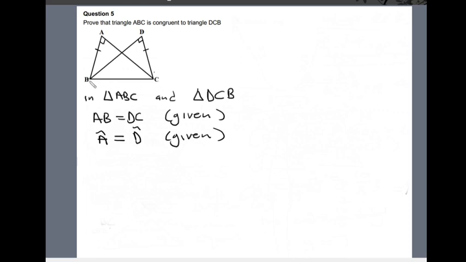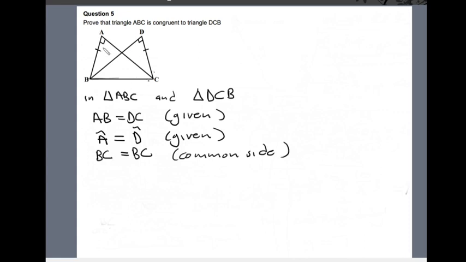Also, this side is common between these two triangles, right? This side BC is common. BC in triangle ABC is equal to BC in triangle DCB, right? This is a common side. Okay, and then therefore these two triangles are congruent, right?